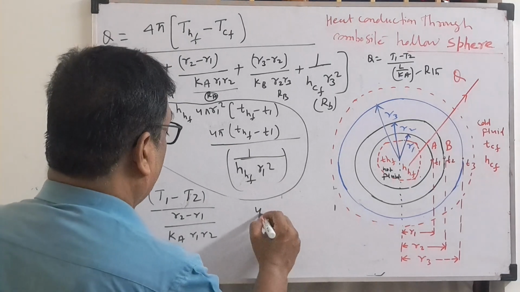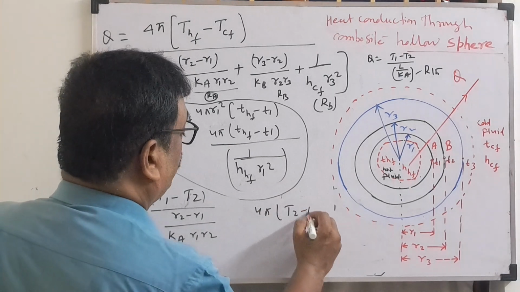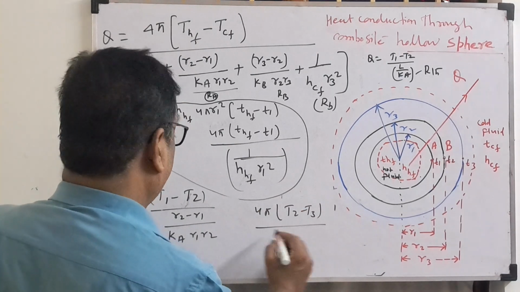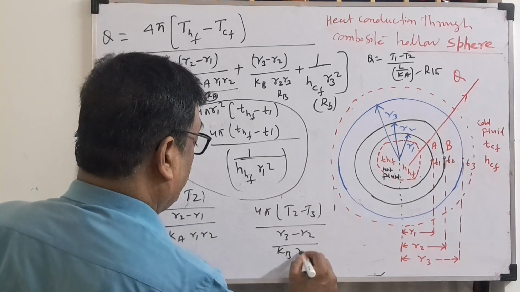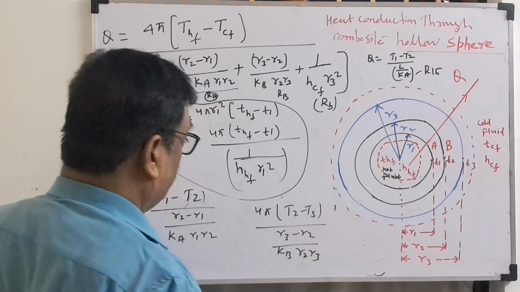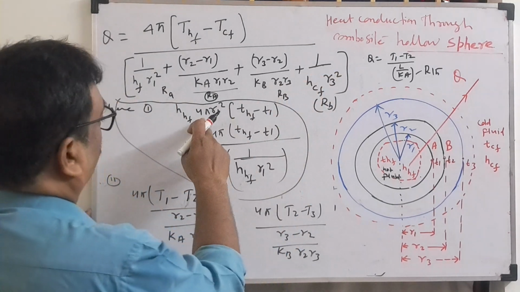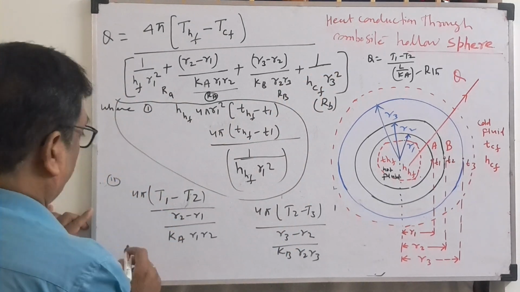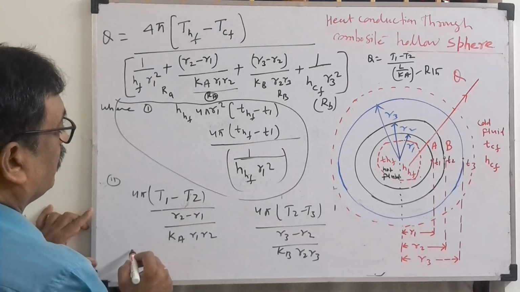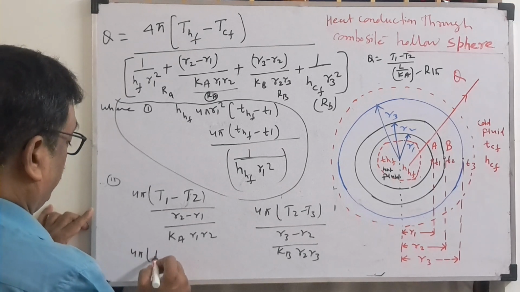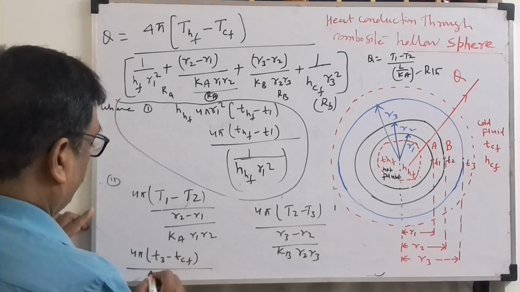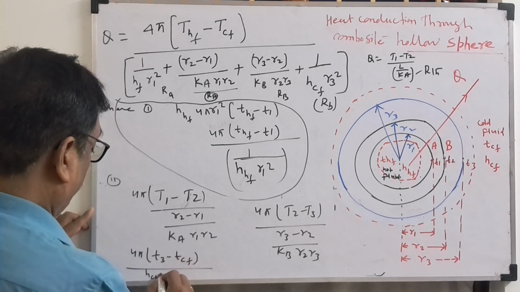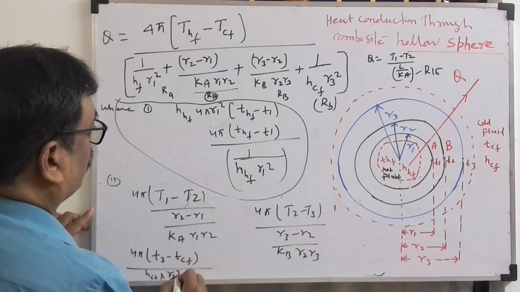Third, what will come? 4 pi T2 minus T3. Then here will come R3 minus R2 by Kb R2 R3. Last one, what will come? HCF will come. So 4 pi T3 minus TCF divided by HCF into R3 square.